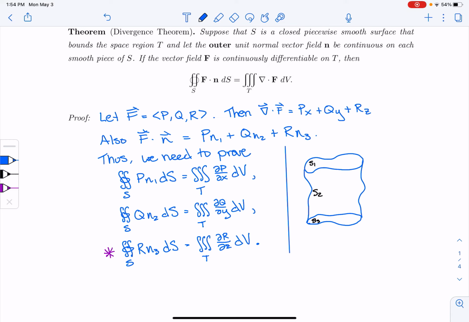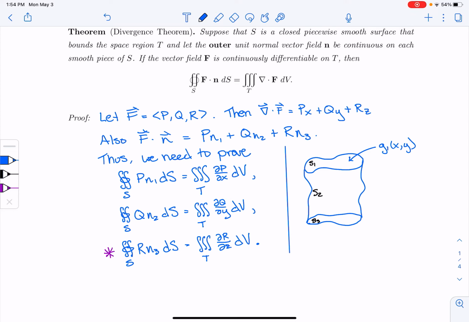Okay, so I'm going to say that this top part of the surface is parameterized as G1 of xy. So I'm thinking about it as Z equals G1 of xy.